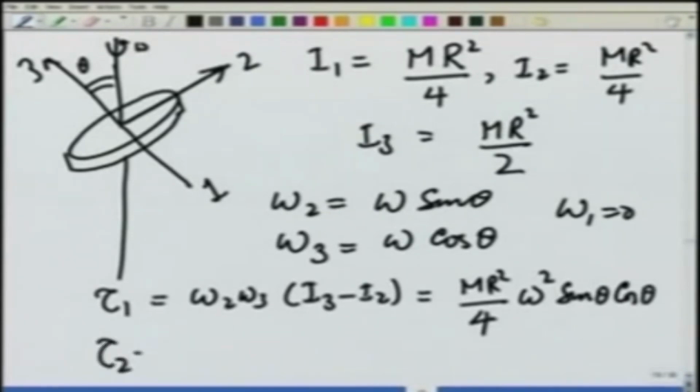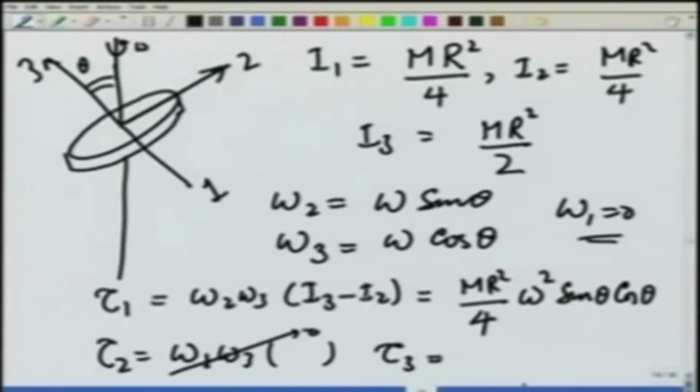Tau 2 is going to involve omega 1, omega 3, whatever, this gives you 0 because omega 1 is 0, and so is tau 3, which is also going to involve omega 1, and that is also coming out to be 0. So, in this case, the torque is going to be in the direction along 1. At this given situation, the direction 1 is going to be coming out of the plane of the paper.